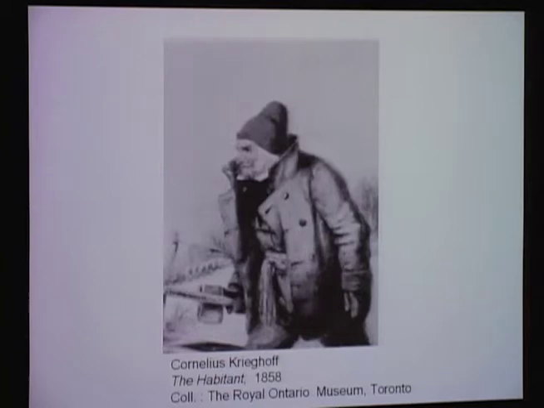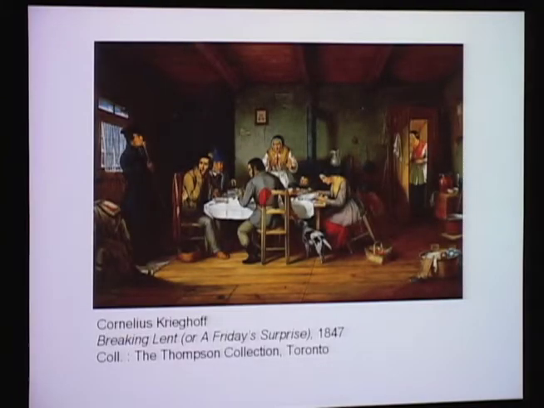And then I asked myself, where Krieghoff will be closer to Massicotte? It's not in this portrait. Maybe there you could see a relationship with Suzor-Coté, what was the first portrait I was showing. But with Massicotte, you have these type of representation that Krieghoff did and are quite interesting. It's called Breaking the Land, or a Friday Surprise.